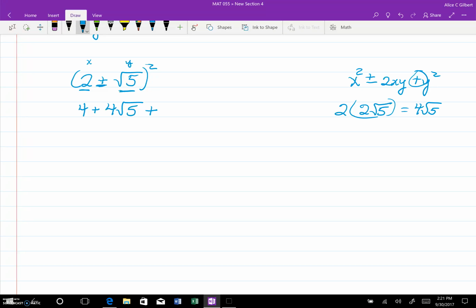And then I just take my y, which is the square root of 5, and I square it. So the square root of 5 squared is 5. Well, now these two, the 4 and the 5, are like terms, so I can add those, and I can't do anything more with the 4 times the square root of 5, so my final answer is 9 plus 4 times the square root of 5.